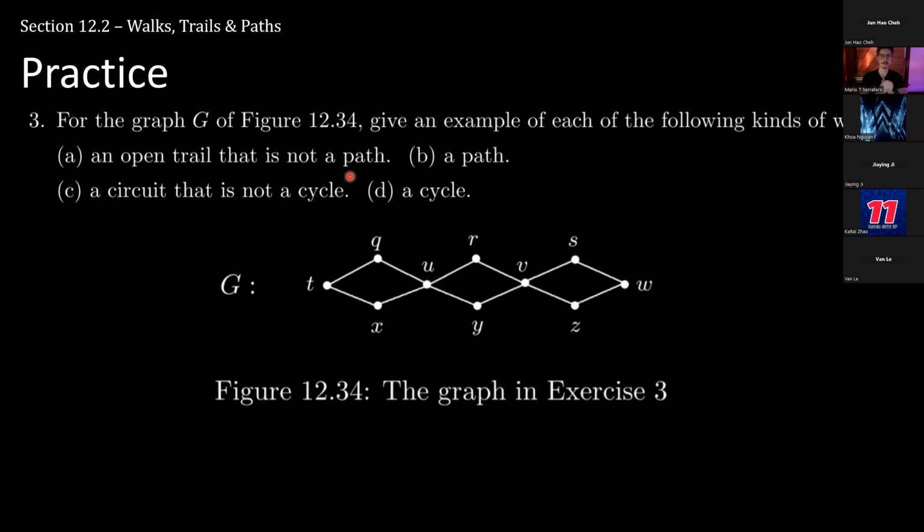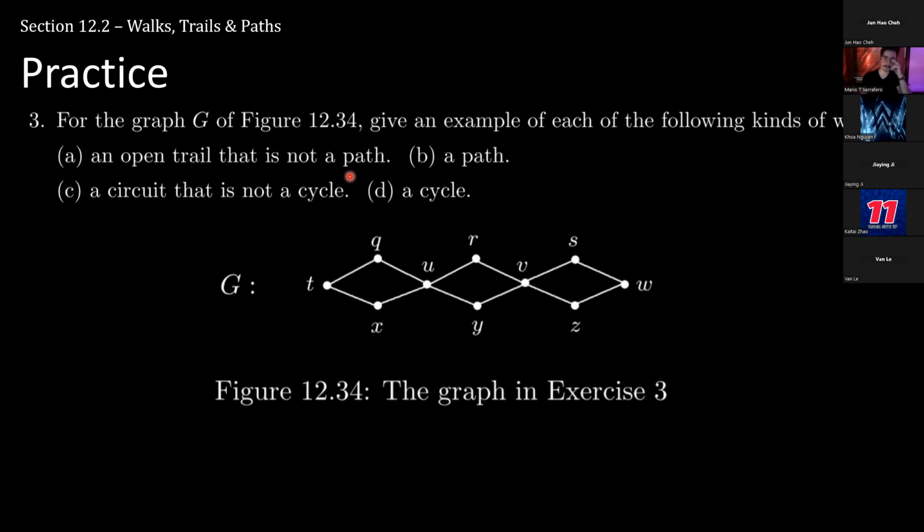Okay, so let's do some practice. Can someone find an open trail that is not a path? This is where you have to start doing some recall about the vocabulary. An open trail: what is a trail? A trail is a walk with no repeating edges. And open means that we don't end up where we started.